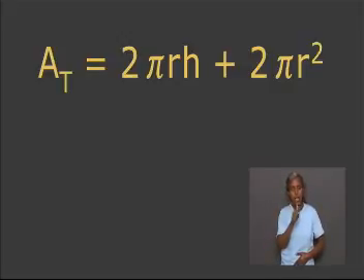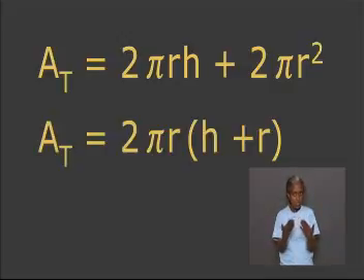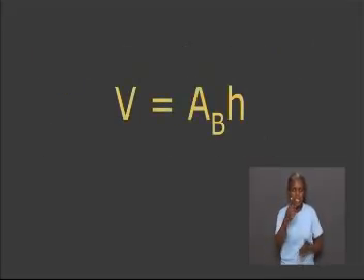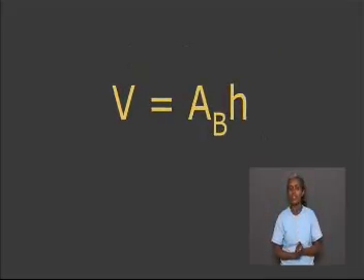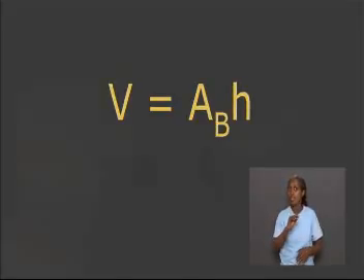Using algebraic rules, we can simplify this equation to 2 pi r times the sum of height plus radius. Finding the volume of the cylinder is much easier by comparison. The equation for volume is the area of the base times the altitude.